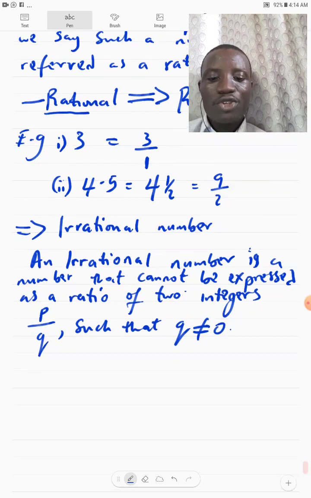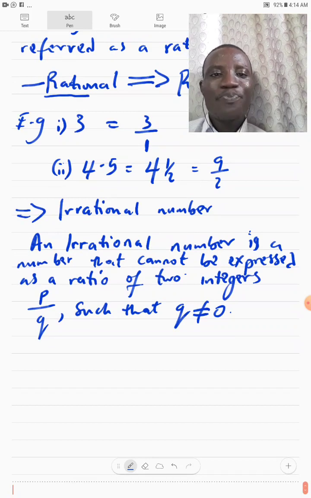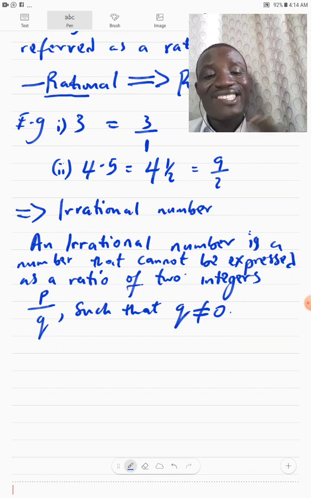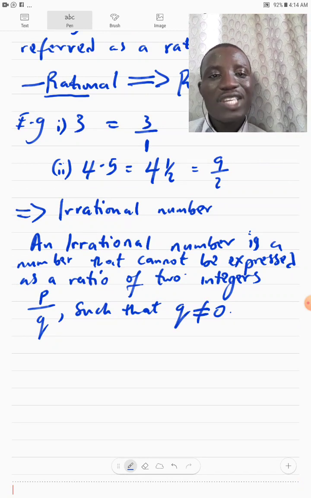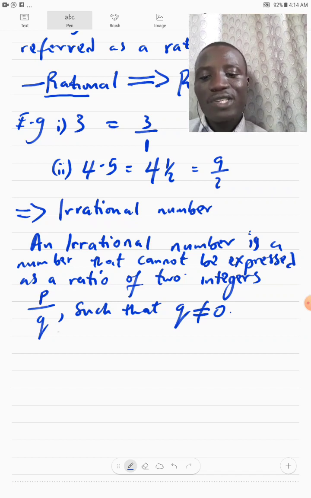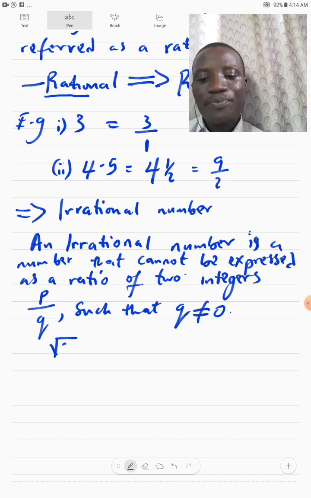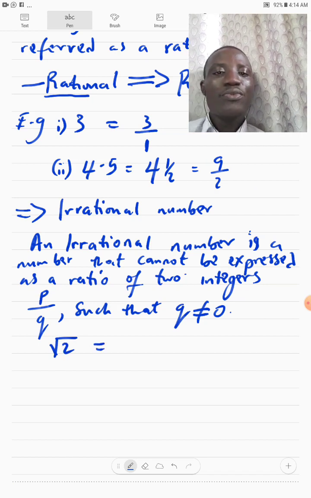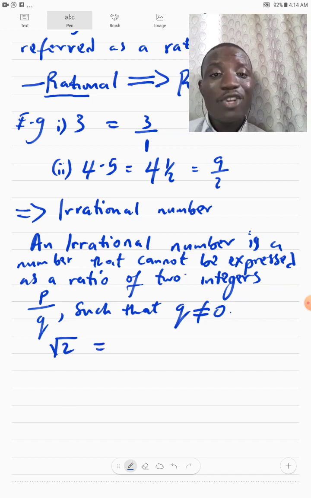Okay, so it simply means that these are kinds of numbers for which it's quite impossible for us to get their exact values. In most cases, we only use their estimated values. Take for instance, the first one you will encounter, which is root 2. Root 2 cannot be expressed in the form of p over q, or as a ratio of two integers.